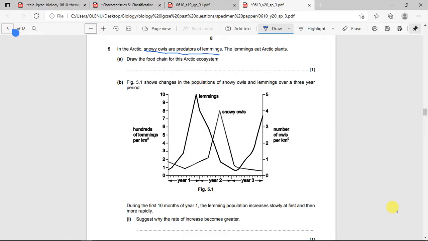So the Arctic plant will come first because it will be the producer. From Arctic plant to lemmings, which feed on it, to what? Owls. That's the answer. Always make sure you remember to put the arrows.